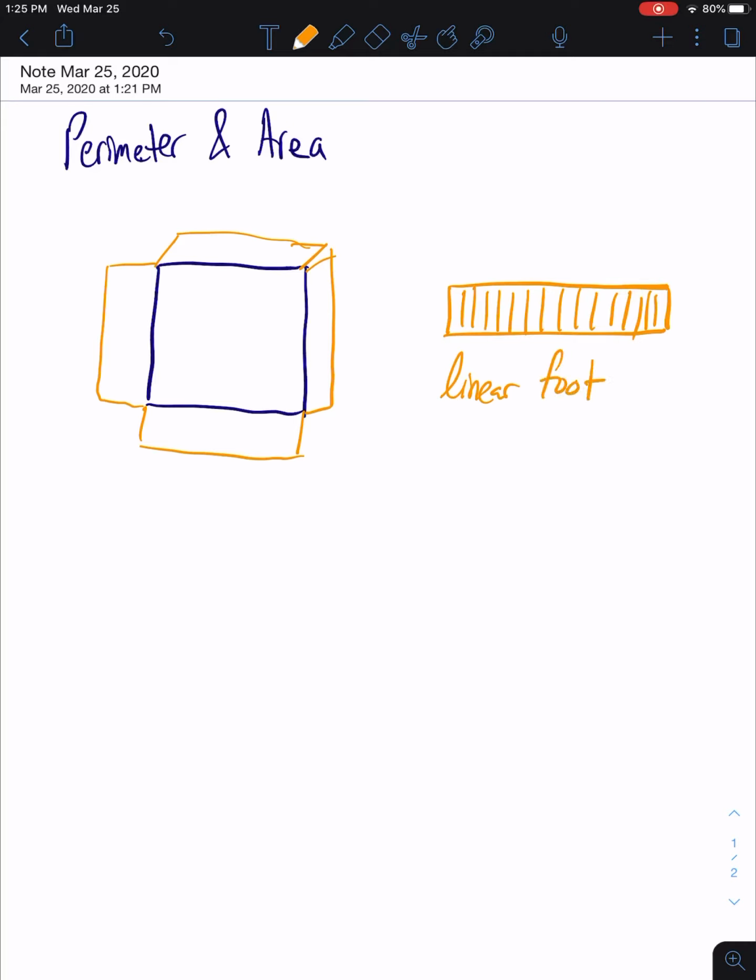When we think about linear feet, if I need 10 feet of fence, it's a one-dimensional measurement, right? It's just 10 feet. It has a height, it has a width, but it's just how many feet I need to cover. And we really want to use this in our definition of perimeter. Our definition of perimeter is simply the distance around a polygon.